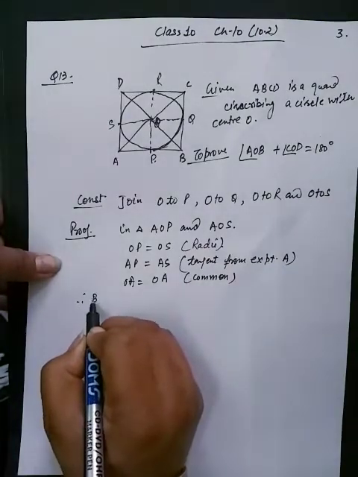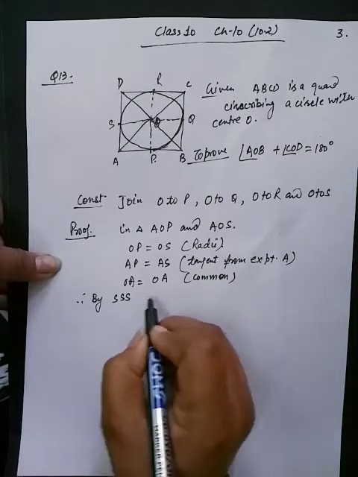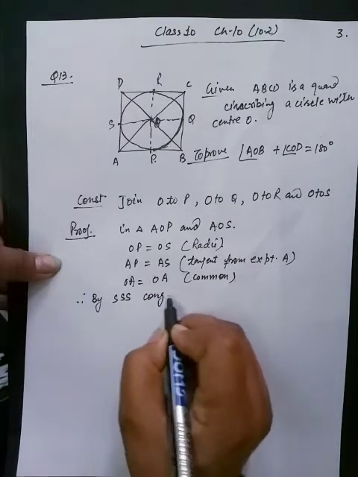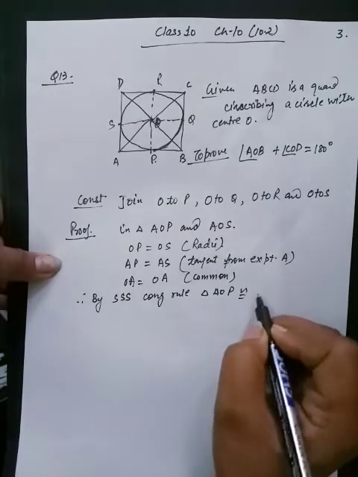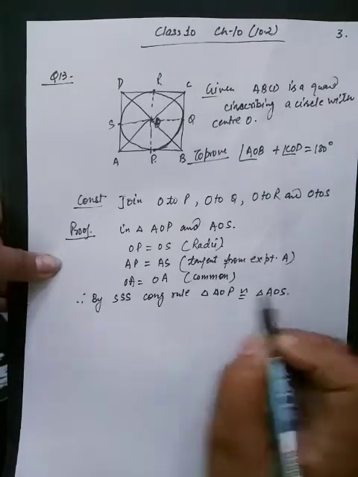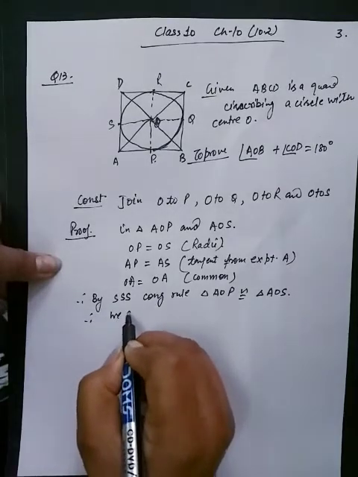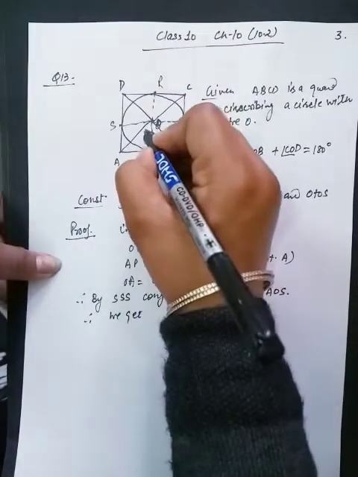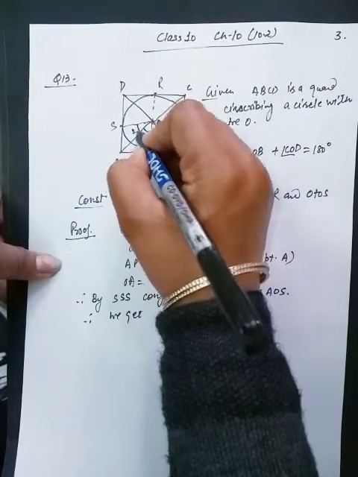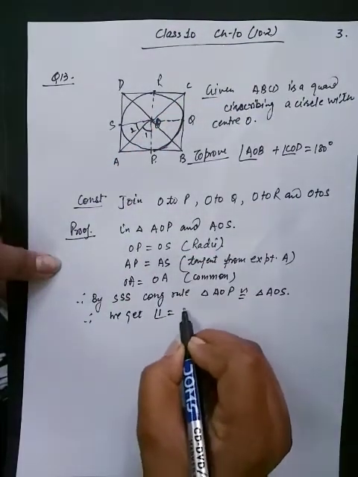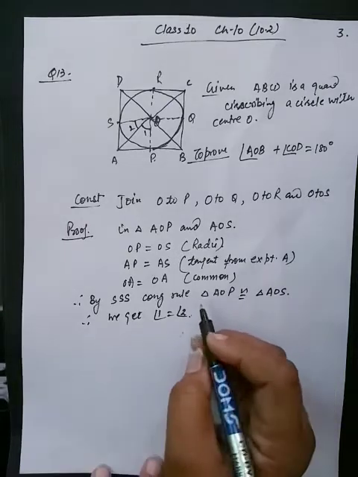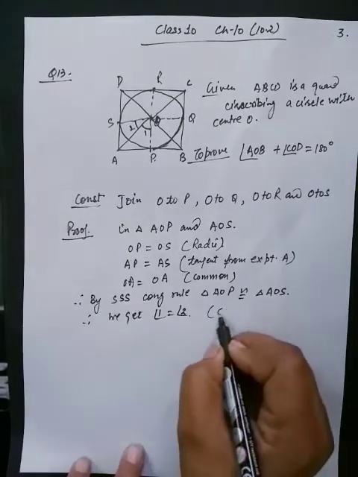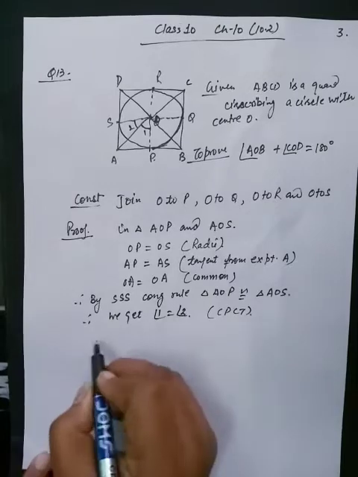So therefore by side side side congruency rule, triangle AOP is congruent to triangle AOS. So therefore we get angle 1 is equal to angle 2 by CPCT.